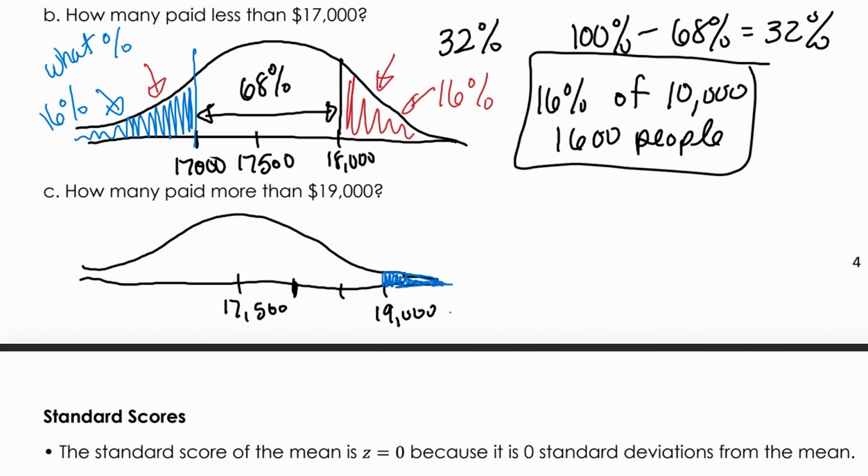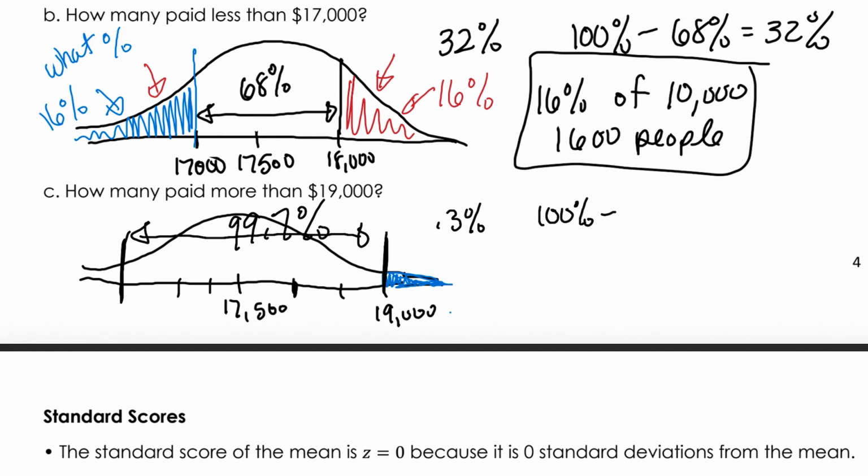Well, I know if I go out 3 standard deviations in either direction, that's going to cover from here to here, based on our rule, that's going to cover 99.7% of the data, which means 0.3% of the data is what's left over. Those are the little tails at the end, because I would take 100% minus 99.7%, and that would give me 0.3%.